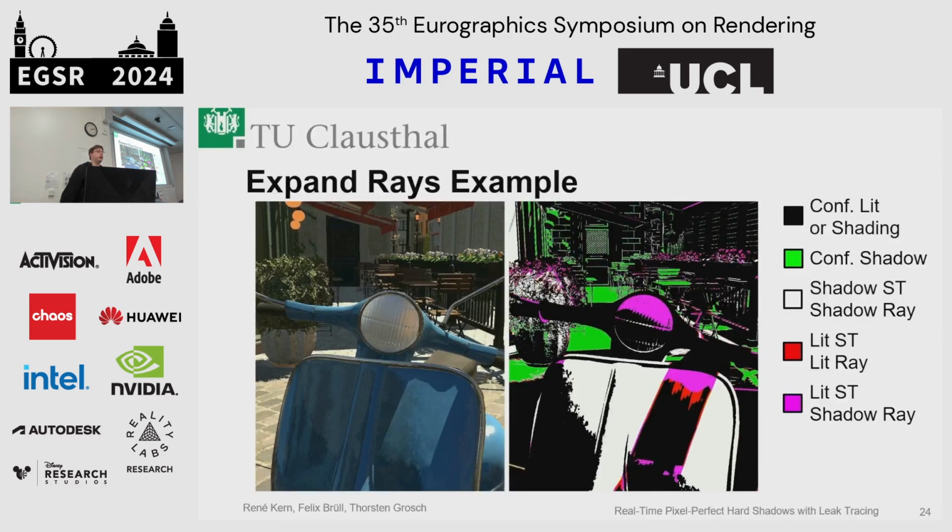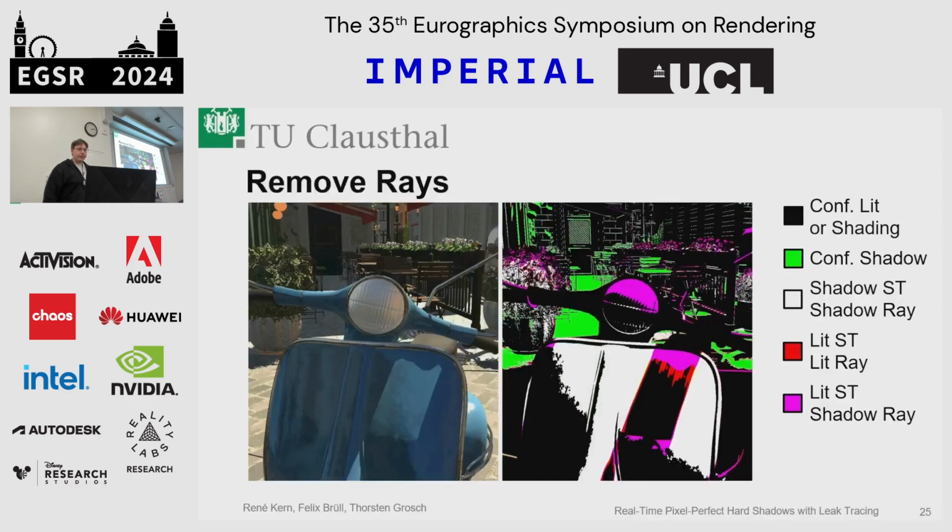So if you move the camera to the left side, the missing information on the left side would be traced to get a good approximation, or to know if this pixel is shadowed or not. And as we already stored this temporal information, we can also use it to eliminate some rays we don't actually need.